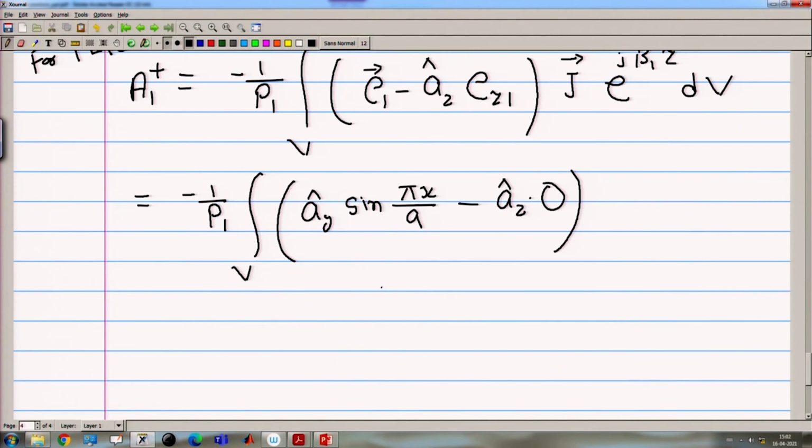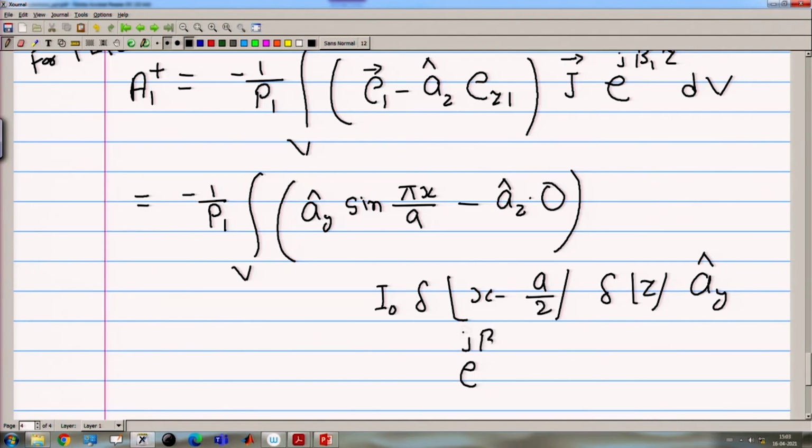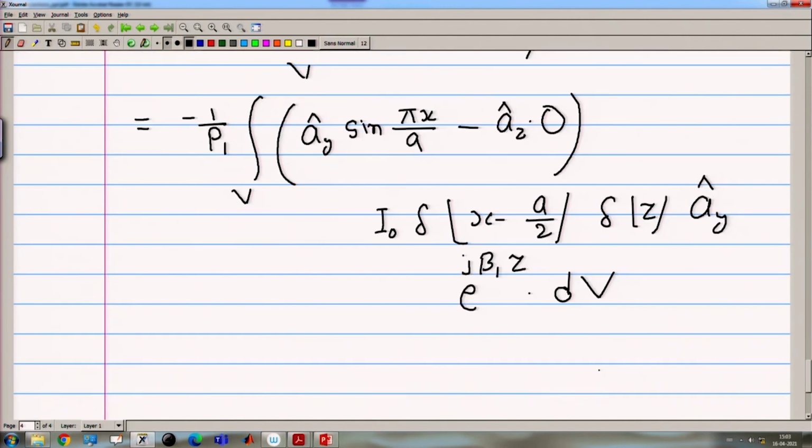So that is I naught delta of x minus a by 2 into delta z into a y-cap. And one more remaining is e to the power j beta 1 z into dV. So dV will be dx dy dz.